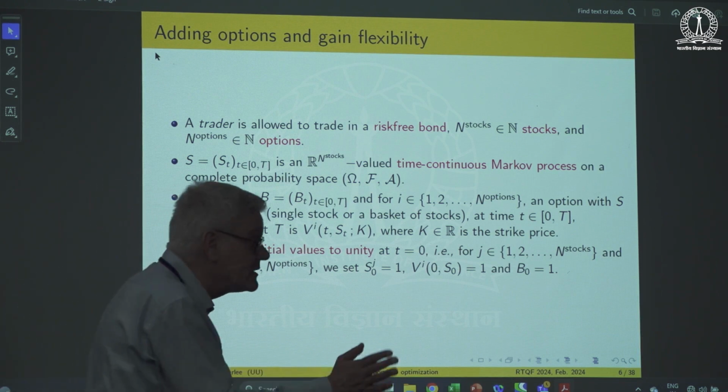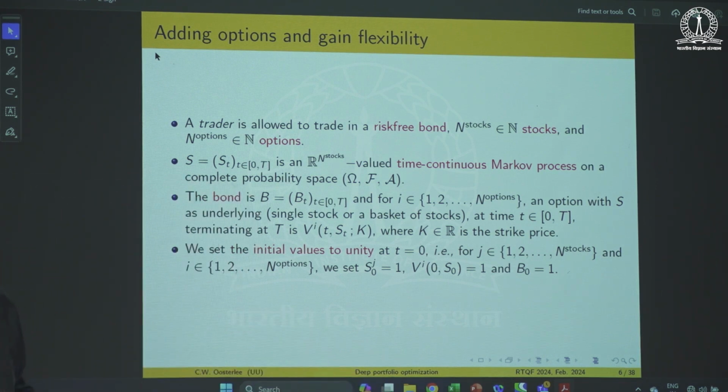But we don't know yet how many, and we don't know yet which strike price. It's sort of a static allocation. We keep it, and we are not updating it. We update the stocks. The bond comes with the stocks automatically. What is remaining is in the bond, and we keep the options fixed.